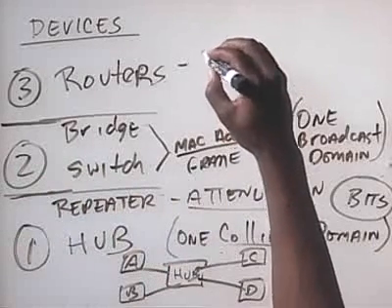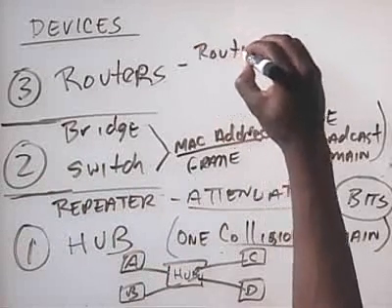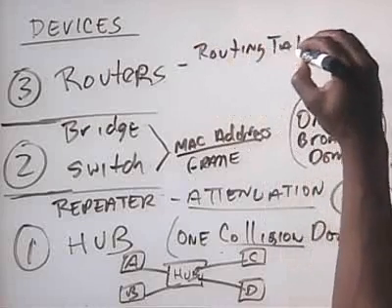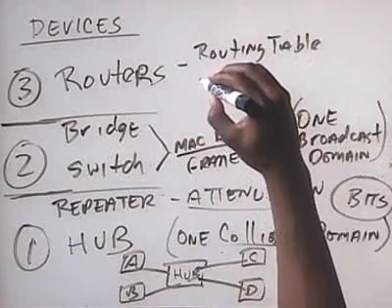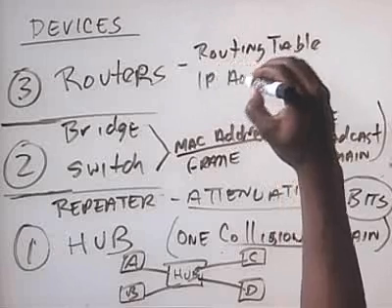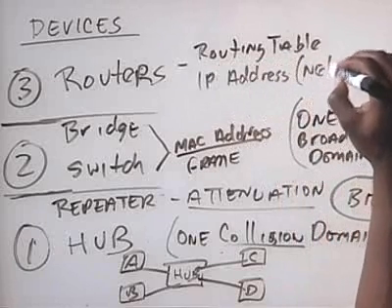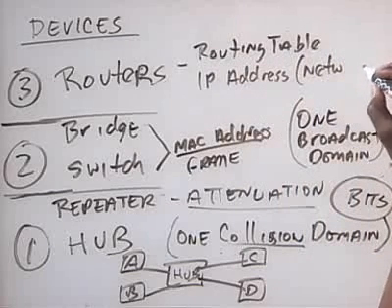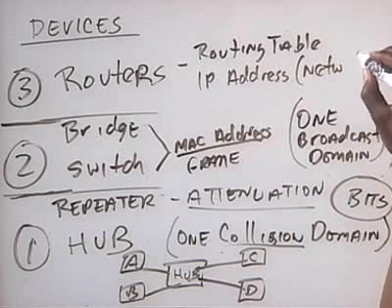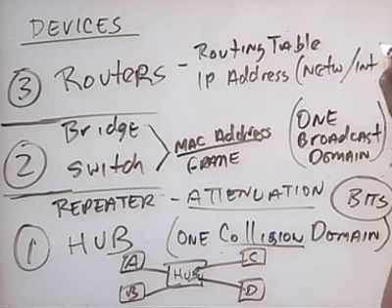Routers do this by using a routing table. The routing table contains IP addresses, or actually network addresses, associated with interfaces out of which to forward the actual packets.